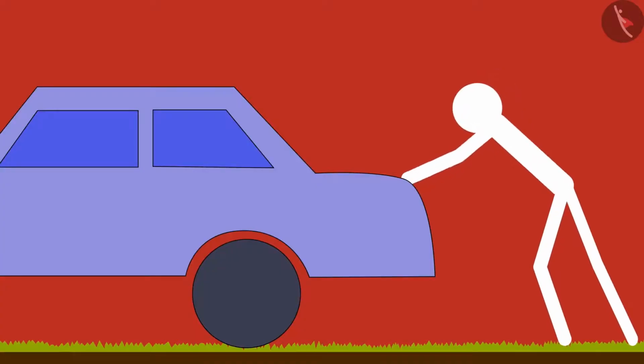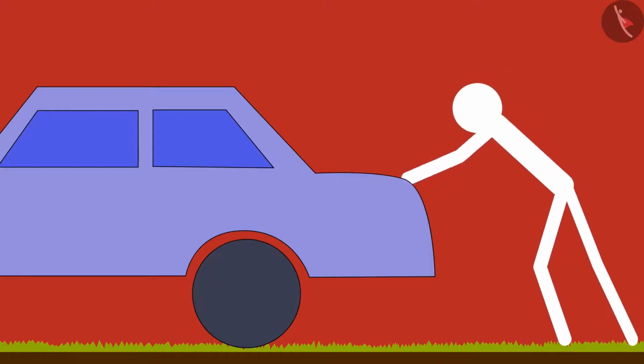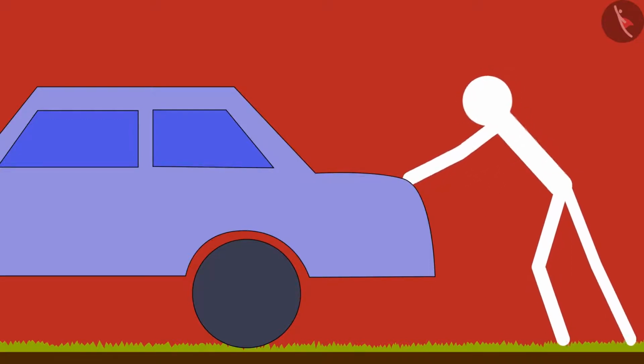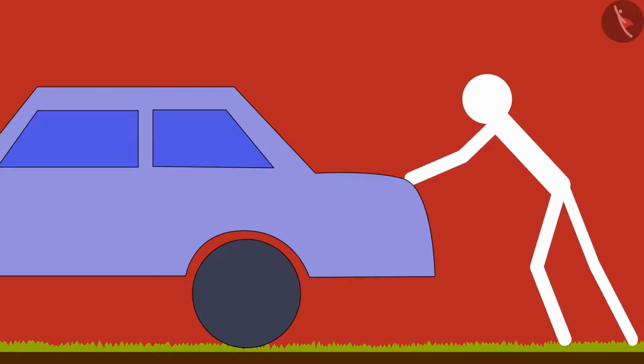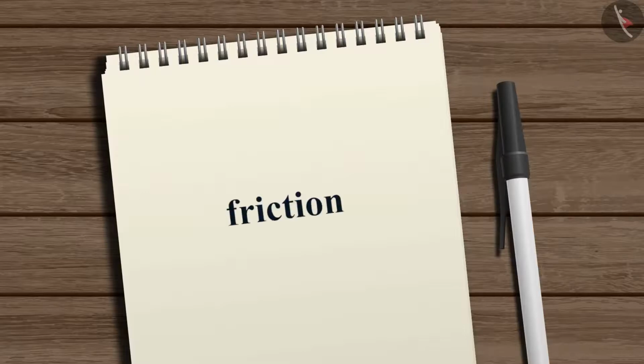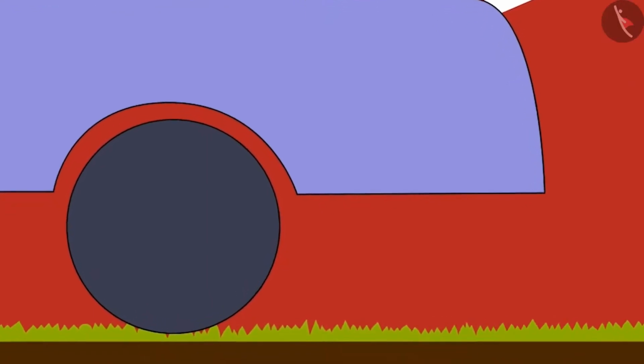Let us now consider another example of pushing a car on the street. If we push using less force, the car may not move at all. This is due to the friction acting in the opposite direction of the push. Friction arises as the wheels of the car are in contact with the rough surface.